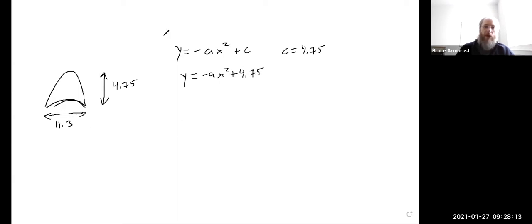I also know the x-intercepts, right? On our axes, we can draw some axes here. So that tells me that this is going to be the point 5.65, comma 0, because that's half of the 11.3. So I can plug that in over here.